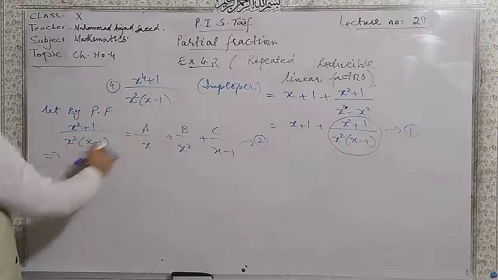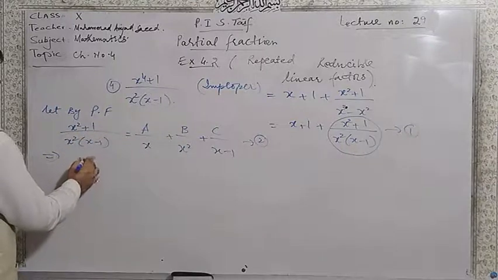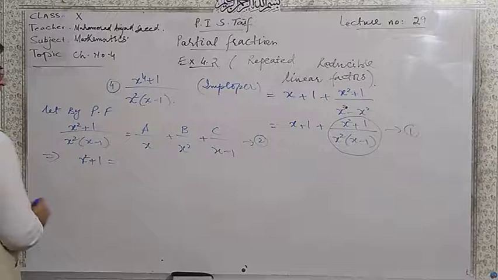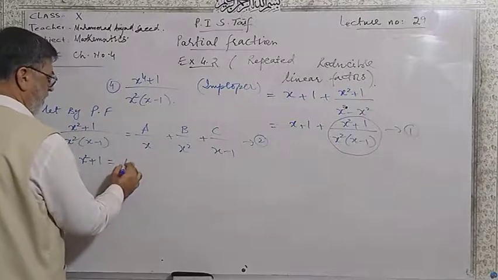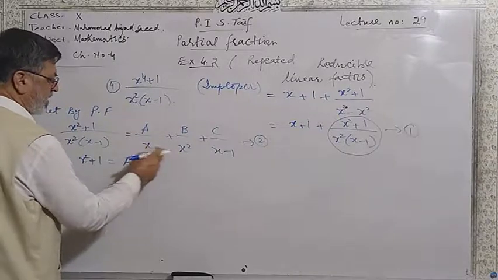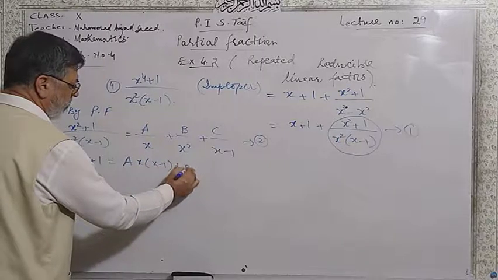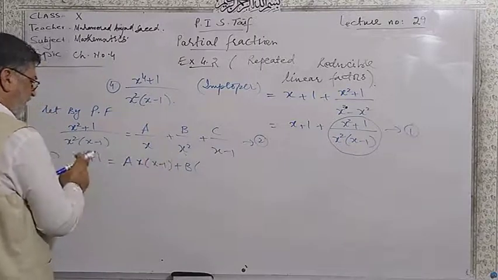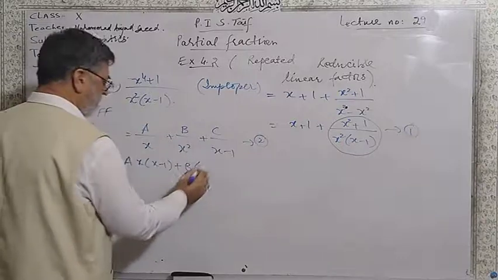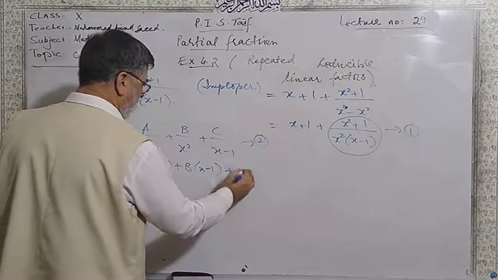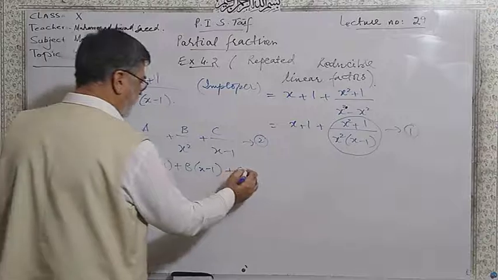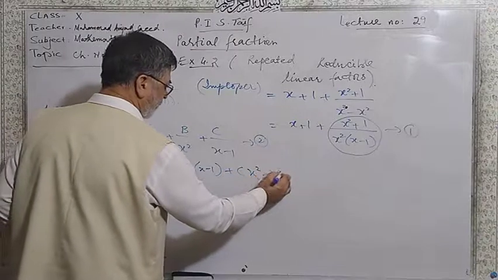Implies that multiplying both sides by LCM, we are left with x square plus 1 is equal to ax. This is x square and x, they are cancelled out, 1x left, and this is x minus 1, plus this x square and x square cancelled out. We have x minus 1. X minus 1 is cancelled out, c x square.